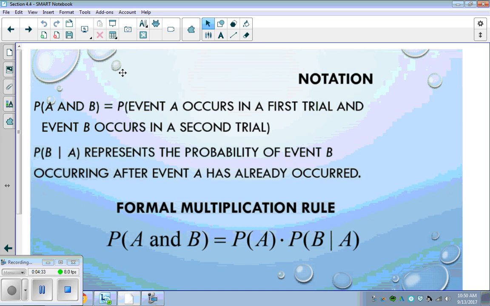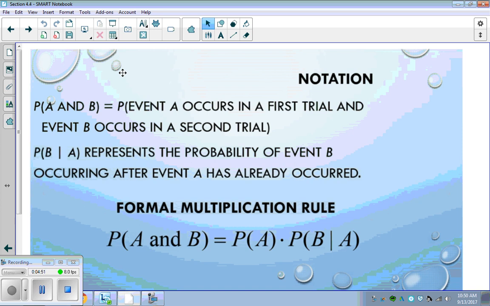That's the formal multiplication rule. Event A is going to occur, multiplied by, because it's AND, B is going to occur after I've already gotten A to occur. That's what that means.